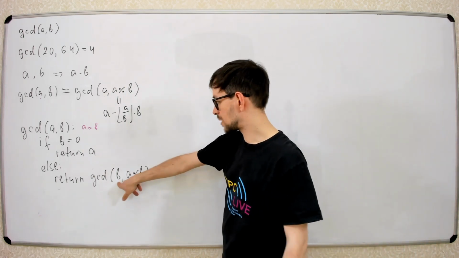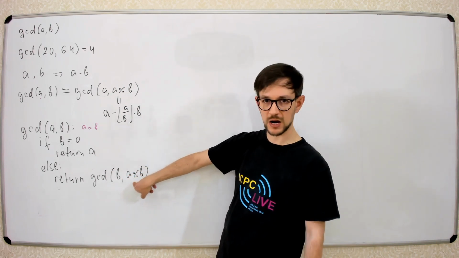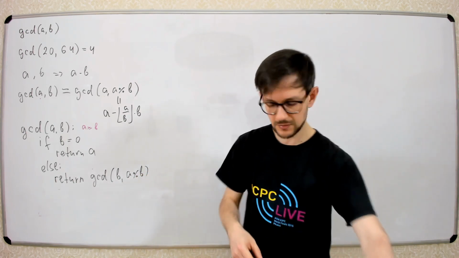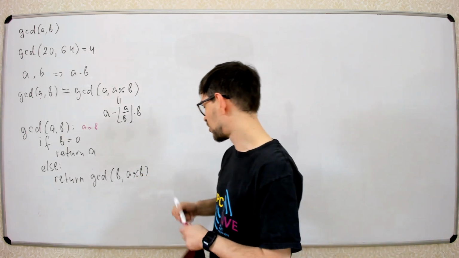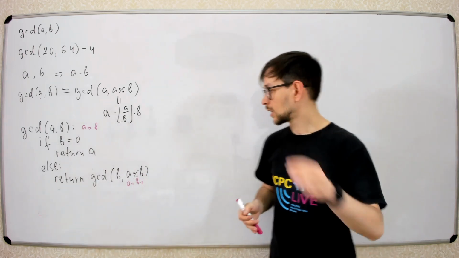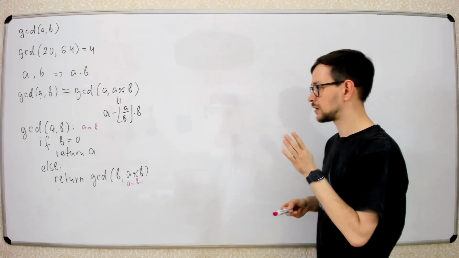When I call it recursively, b is greater than the remainder of a divided by b, because the remainder is always between 0 and b minus 1, right? That's all. That's the full algorithm, a very simple Euclidean algorithm.